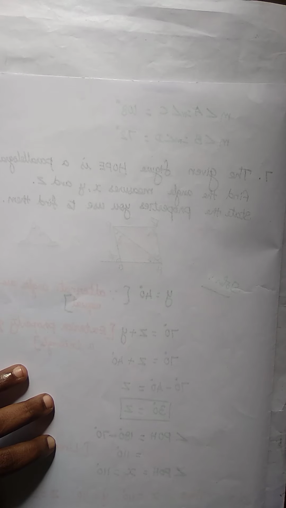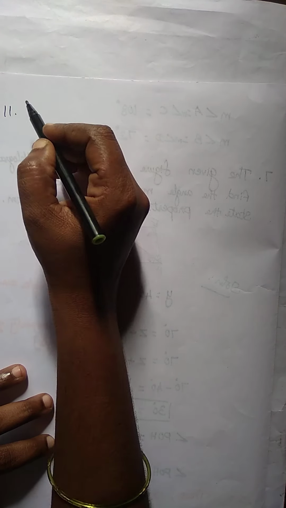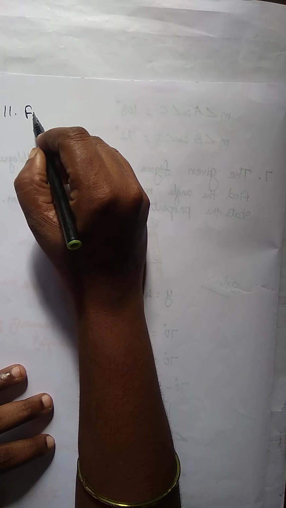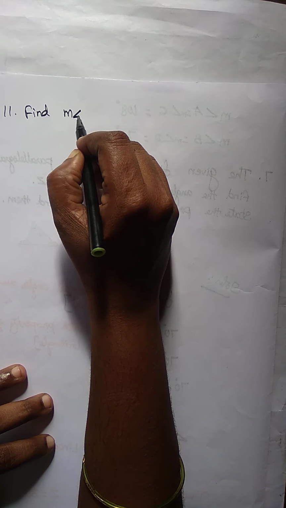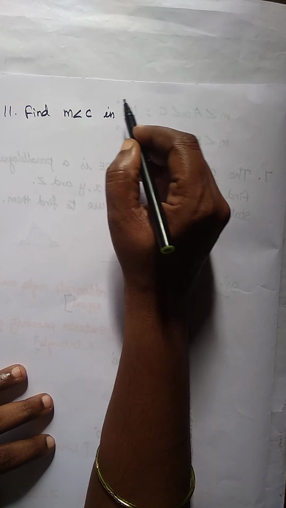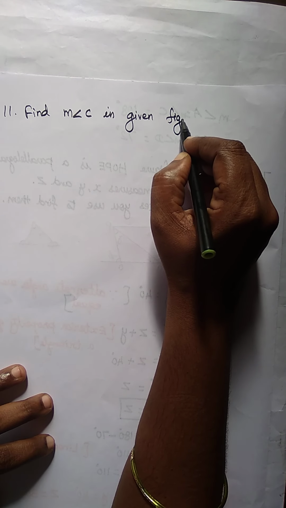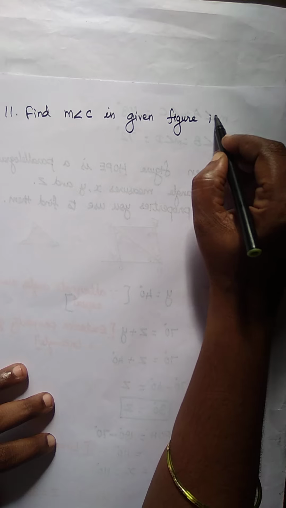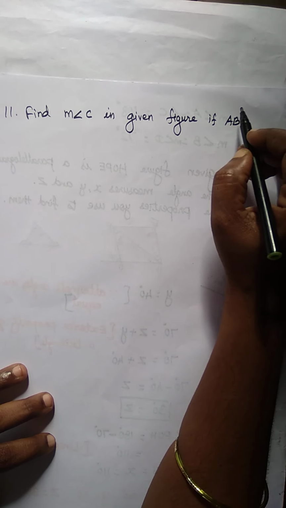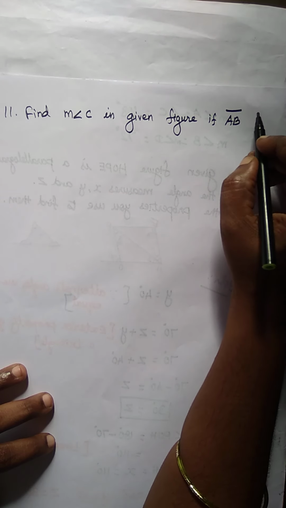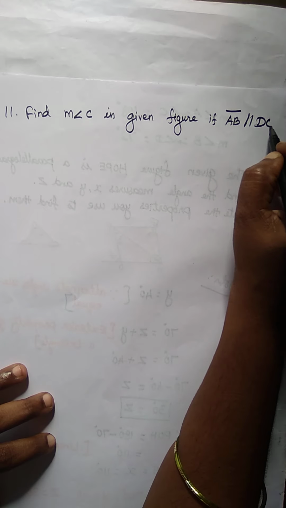Now question number 11. Find angle C in the given figure if AB is parallel to DC.